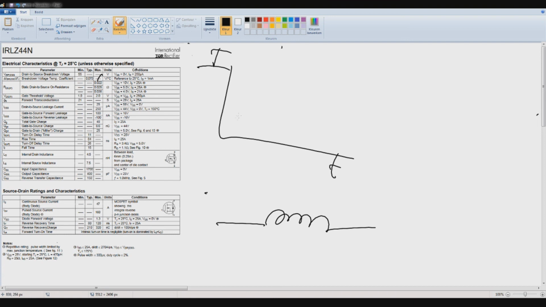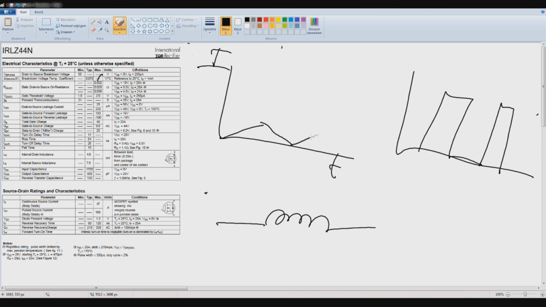And let's say we have a square wave of just this. Then we have a current that has to build up first as a magnetic field and such. And as you can see, it's basically the integral of voltage.